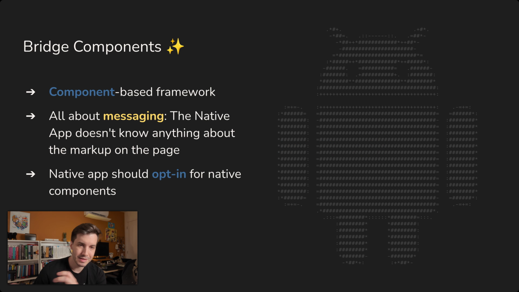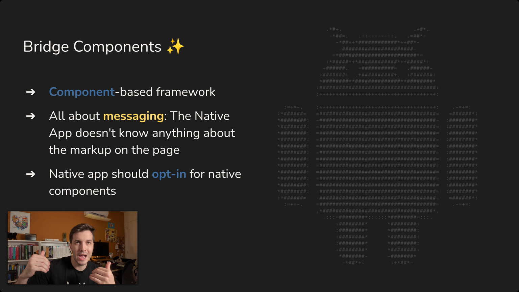As I said, the bridge components are component based. They are also all about messaging. The native shell doesn't actually know or care about the HTML that is on the web view. It's all message based. The web view will send a message to the bridge, and on the bridge side, it will execute native code.